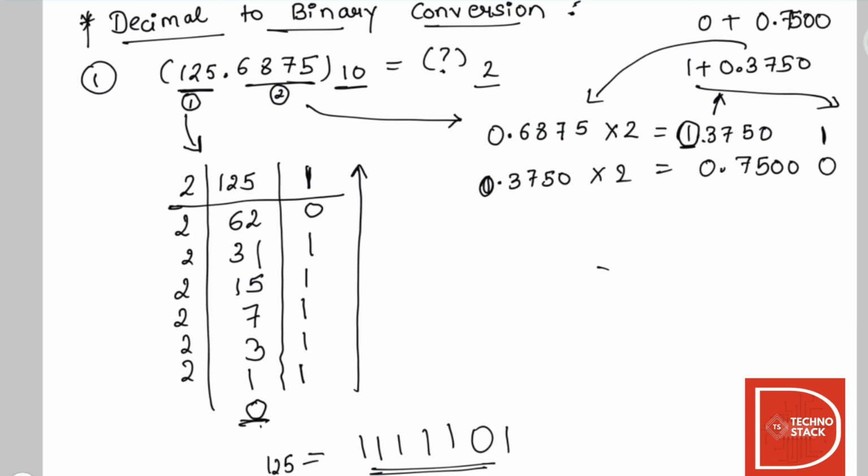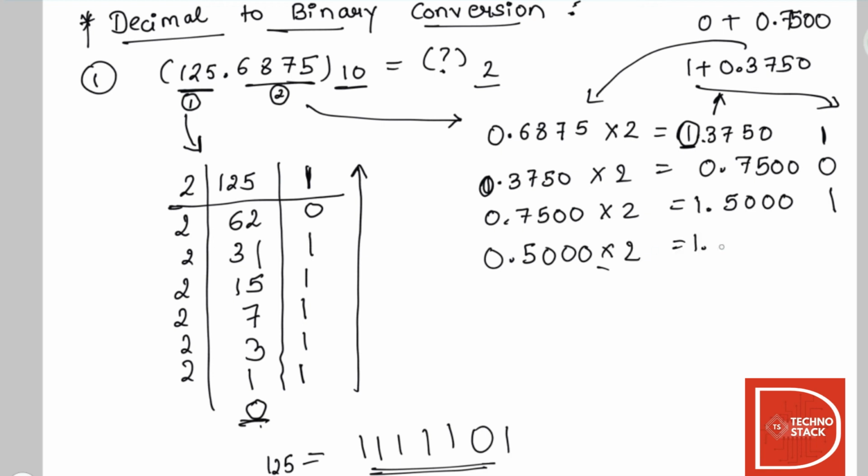So we keep 0 over here, and 0.7500 times 2 is 1.5000. Now we keep 1 over here, and 0.5000 times 2 becomes 1.000. When we don't have any decimal remaining, we complete this series.